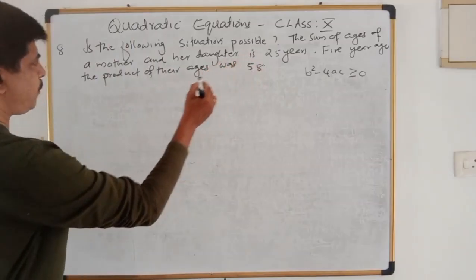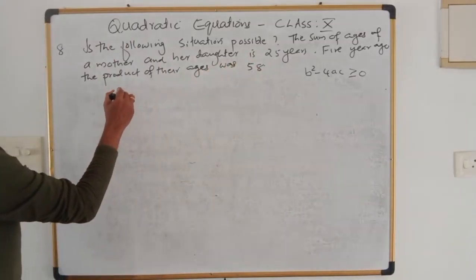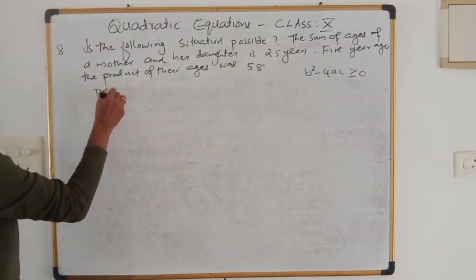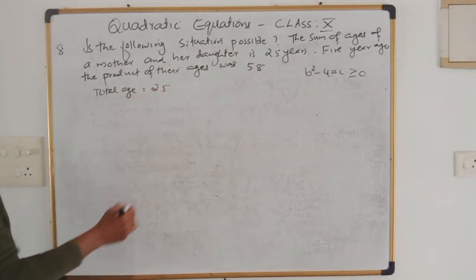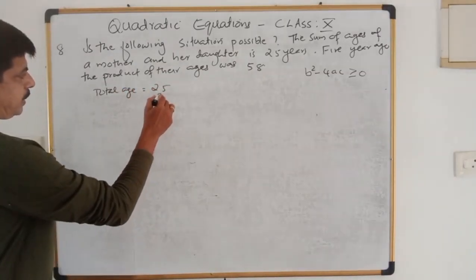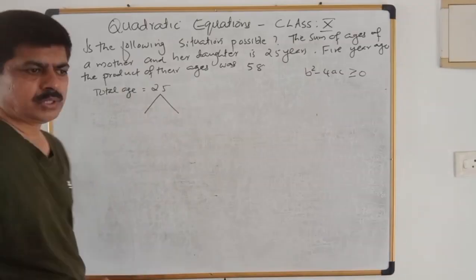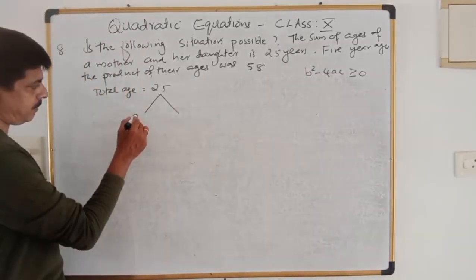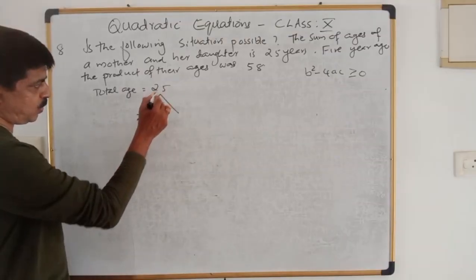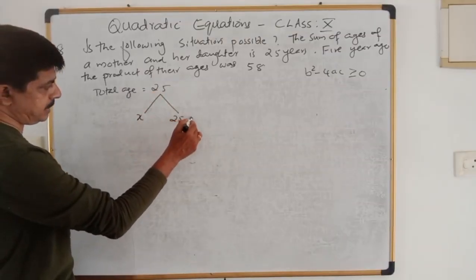We are given the sum of the ages. Total age only is given: 25 years, mother and her daughter. So how can 25 be made into two parts? In the algebraic method, one number x, the other number total minus x, 25 minus x.